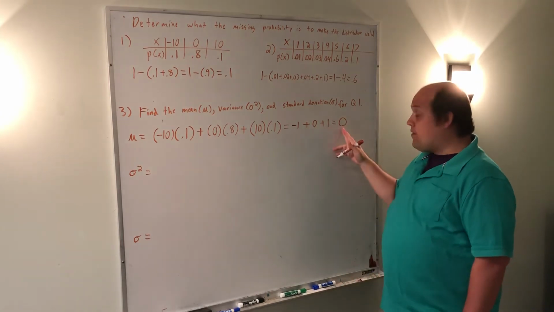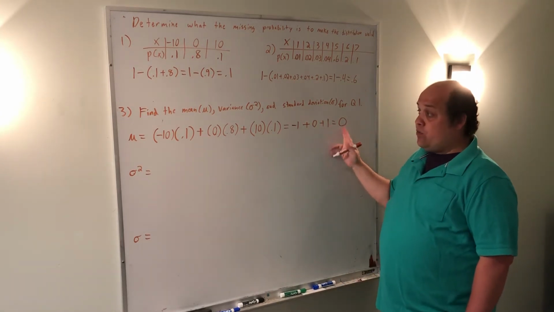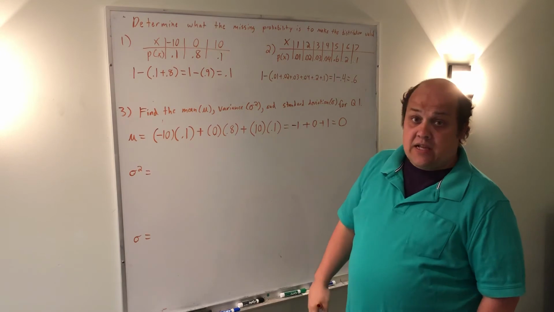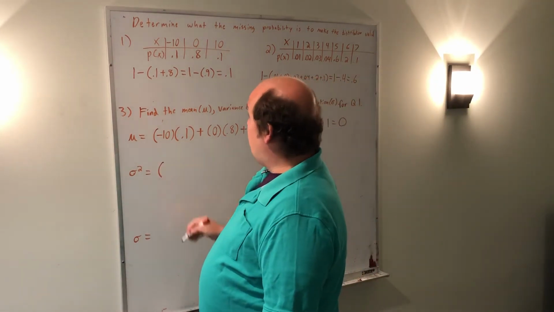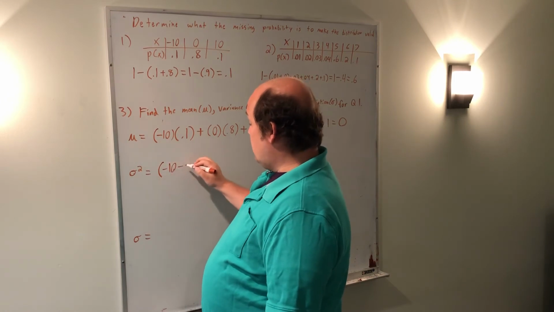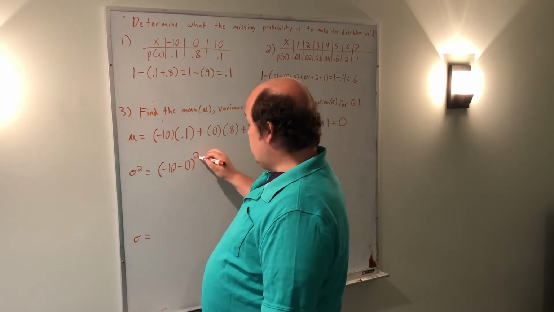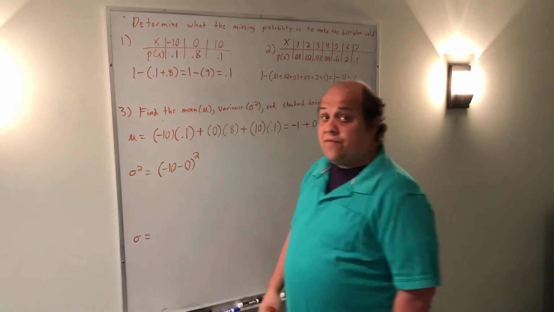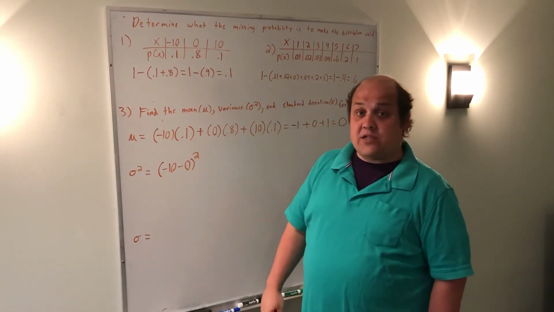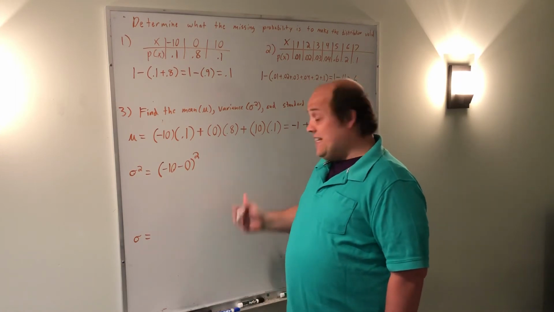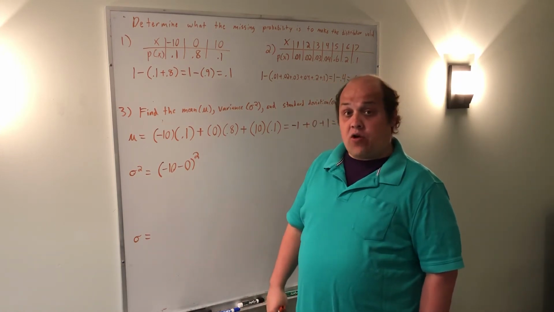So now that we have the mean or the expectation of the distribution, we can use it to calculate the variance. The variance formula is similar to what we've done before. We take whatever the first data point is, we subtract the mean, we square the result. The difference is, instead of just adding together all these squared results and dividing by n minus 1, we need to take into account the probability of them occurring.